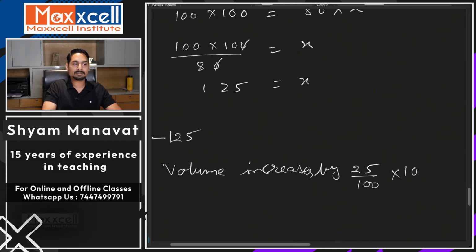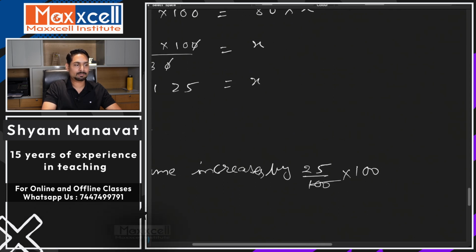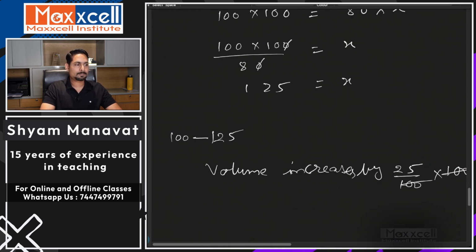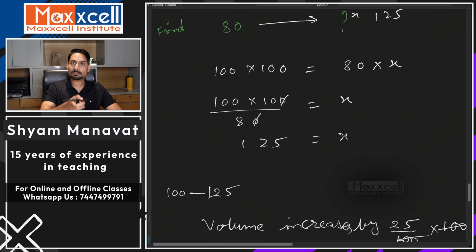If you want to convert into percentage, multiply by 100. What is the percentage value here? 25%. I hope you got this. If not, please rewind this part. I have explained in detail.